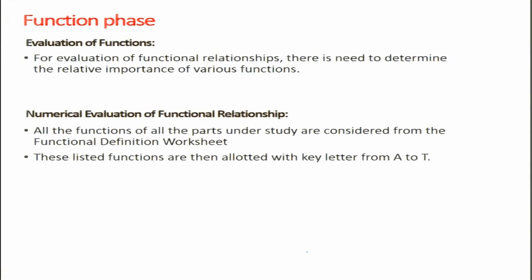So, for evaluation of functional relationships, there is a need to determine the relative importance of various functions. The numerical evaluation is one of the methods that we did. This evaluation is determined through a paired comparison technique, which in turn leads to the ranking of the functions.